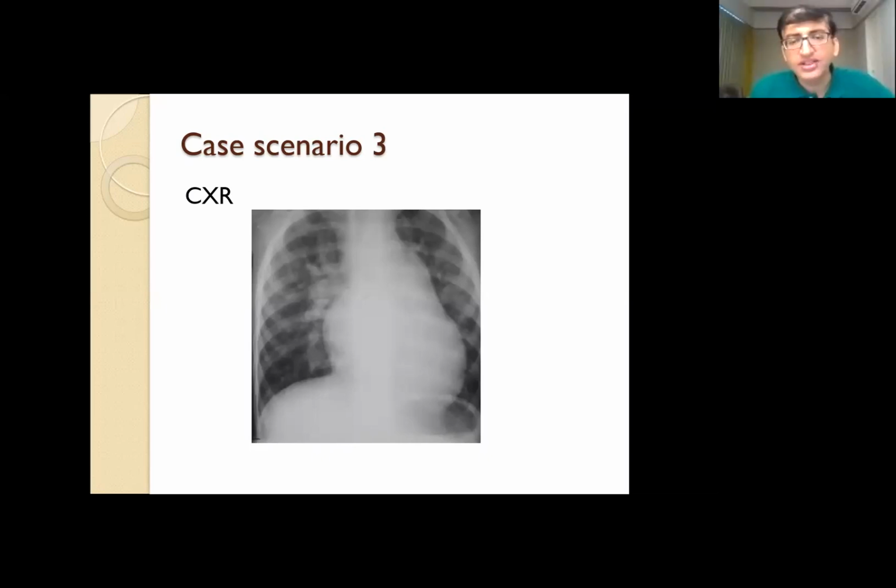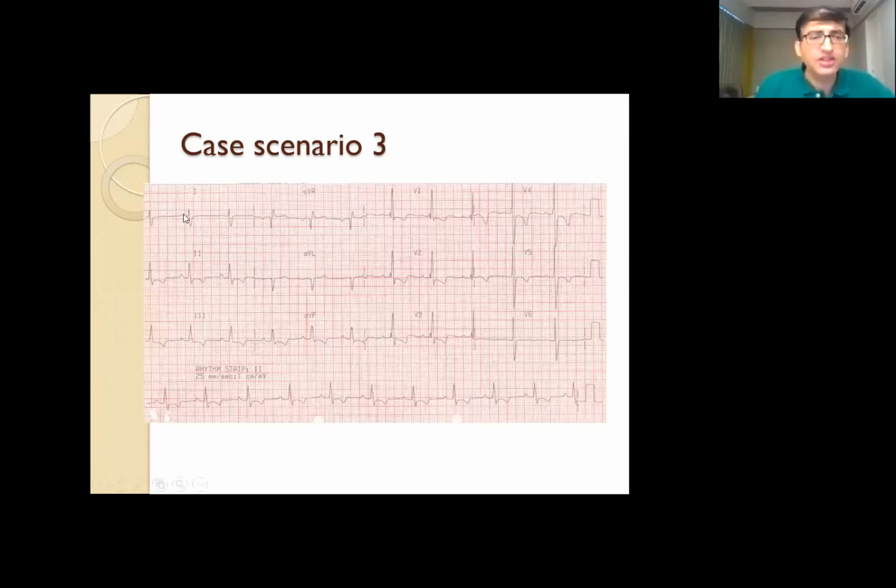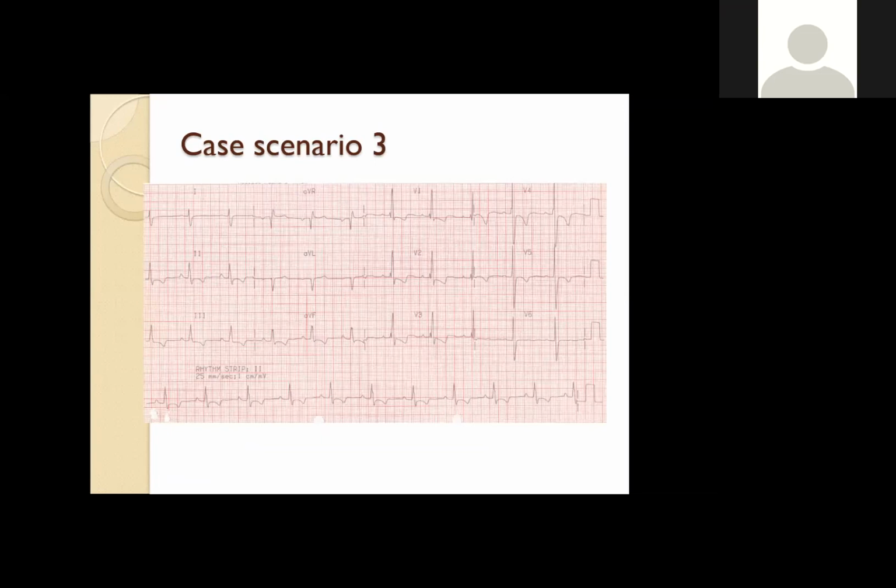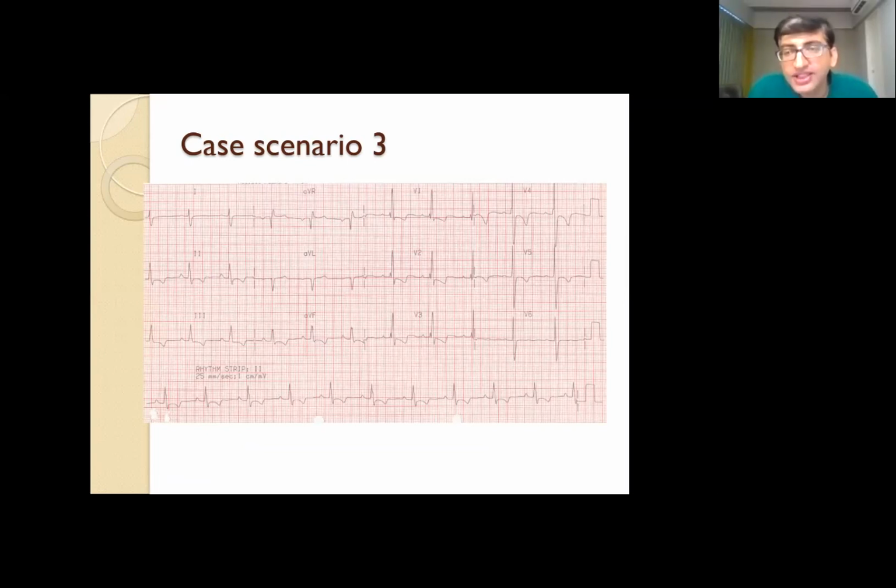So now looking at the ECG, you have right axis deviation and bundle branch block. So right axis deviation bundle branch block happens in ASD or VSD? As I have explained, ASD will cause right heart dilatation and VSD will cause left heart dilatation.